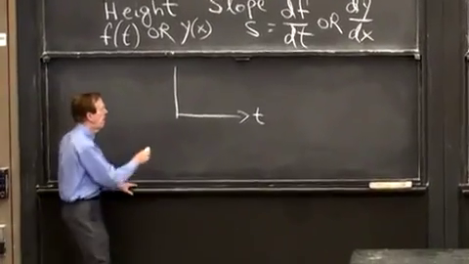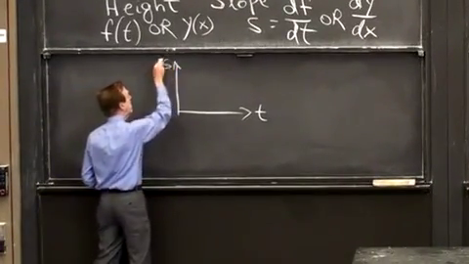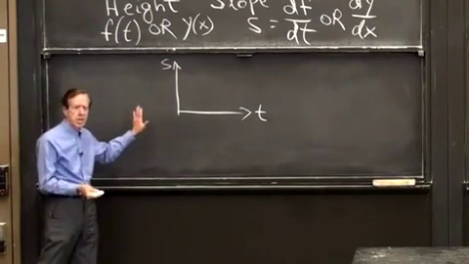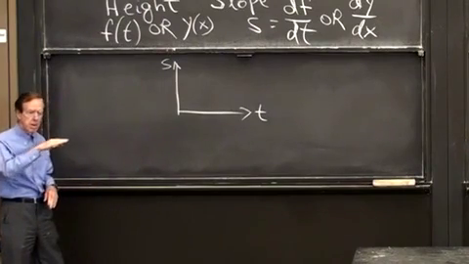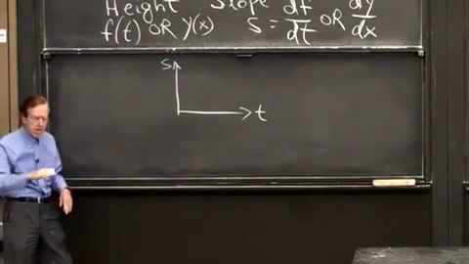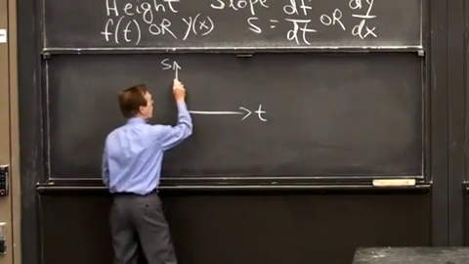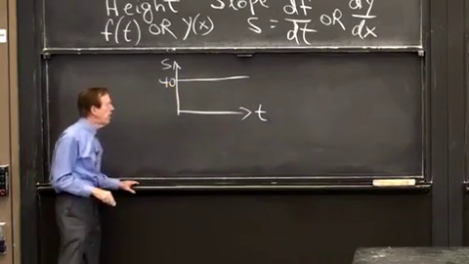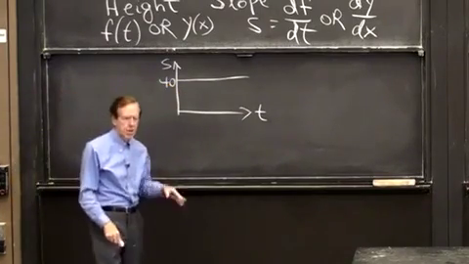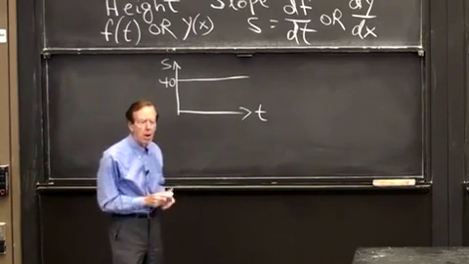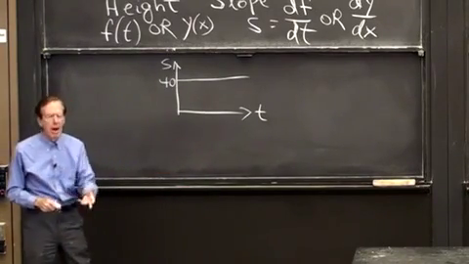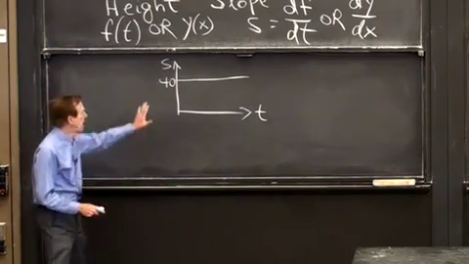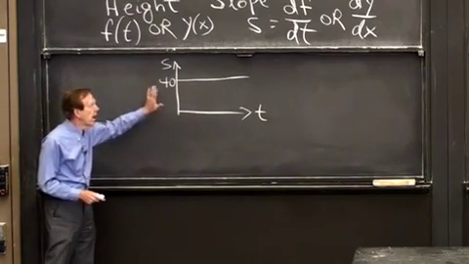Time is going along that way, speed is up this way. And I'm going to say, in this first example, that the speed is the same. We're traveling at this constant speed of, let's say, 40. So it stays at the height of 40. I should add units like miles per hour or kilometers per hour or meters per second or whatever. For now, I'll just write 40.